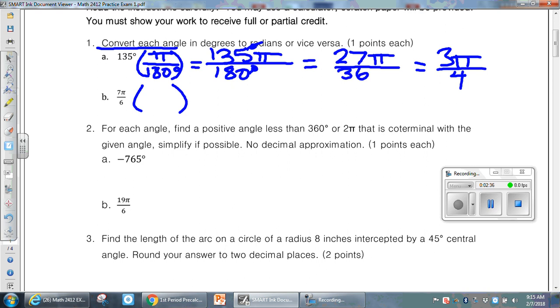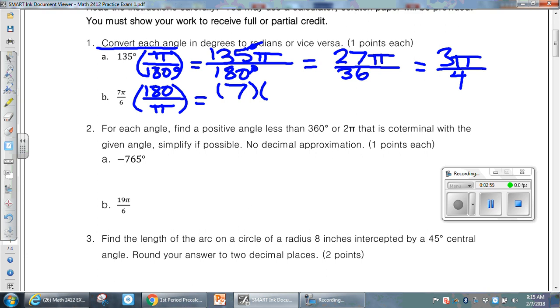Okay, 7 pi over 6, so in this case, we put 180 over pi. I'm not even going to multiply the numbers yet. I would just leave them as factors. So 7, and then here 180. Instead of 180, I'm going to say, can you divide 180 by 6?